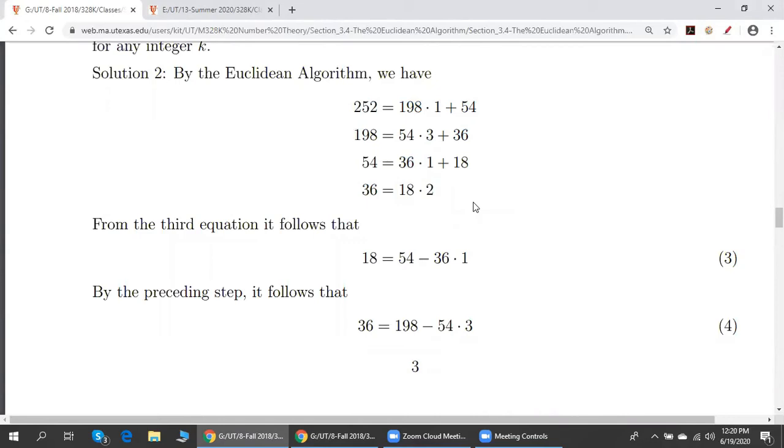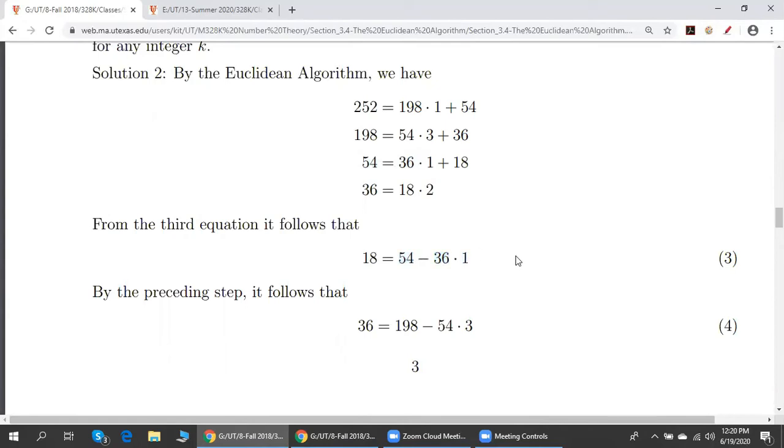Here is what we do next. Please take a look at row number 3. Move this to the left. If we move this to the left and switch positions, on one side we get 18, on the other side we get 54 minus 36 times 1. It's exactly what we have over here.